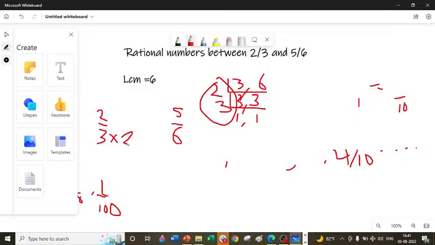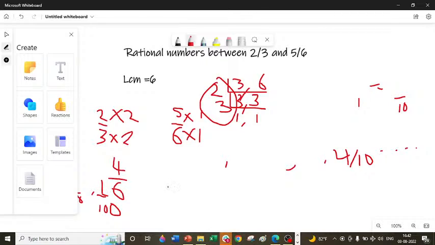So जिस तरीके से नीचे हम 2 से मल्टीप्लाई कर रहे हैं, ऊपर भी हमें 2 से मल्टीप्लाई करना है, और यहाँ पे हमें पता है 6 times 1 gives us 6, so ऊपर भी हमें 1 से करना है. तो हमारा यहाँ पे आ गया 2 times 2, that is 4, and 3 times 2, that is nothing but 6. 4/6 आ गया.